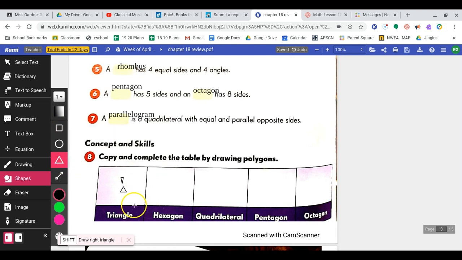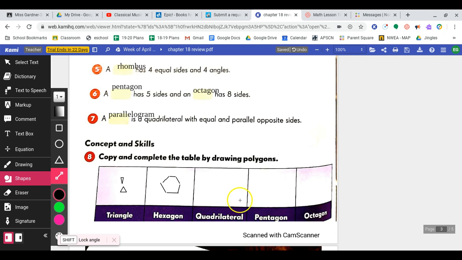Okay, so there's a triangle for you. For the hexagon, let's see if we can insert a line. Oh yeah. Might be too hard to make it equal. I might be better off just drawing this, but I'm excited to see this feature. So there's a hexagon for you.